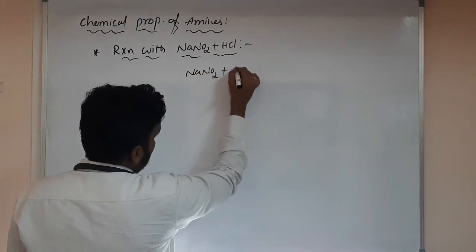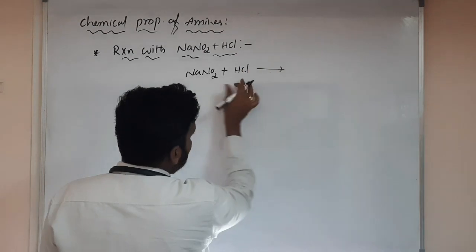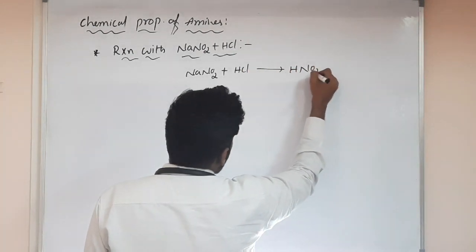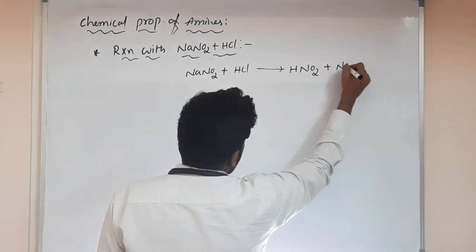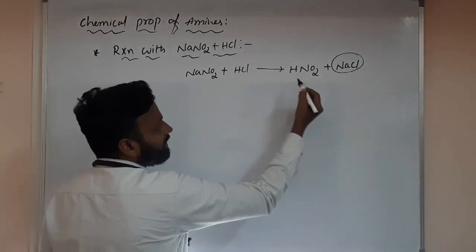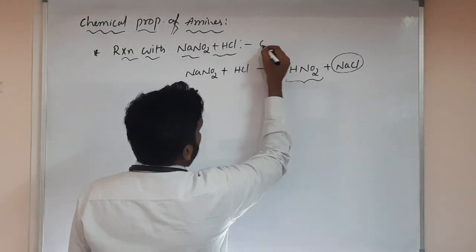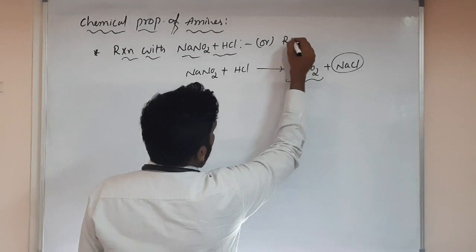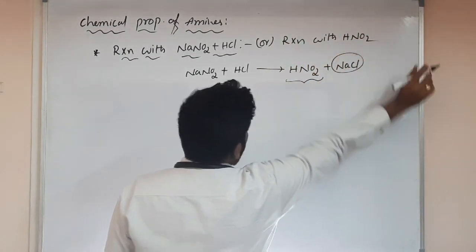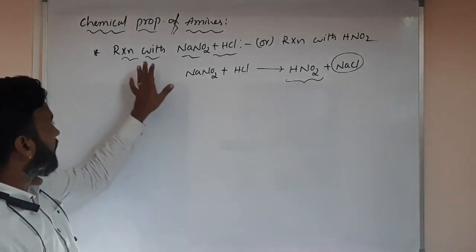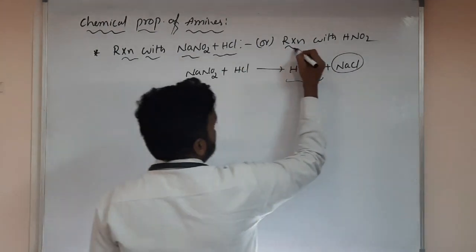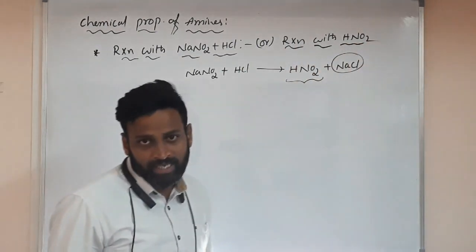When we mix NaNO2 plus HCl, you will have HNO2 plus NaCl. NaCl is neutral, unreactive. So with amines, who will react? HNO2. So you can say simply reaction with HNO2. Reaction with NaNO2 plus HCl or reaction with HNO2, both are the same.